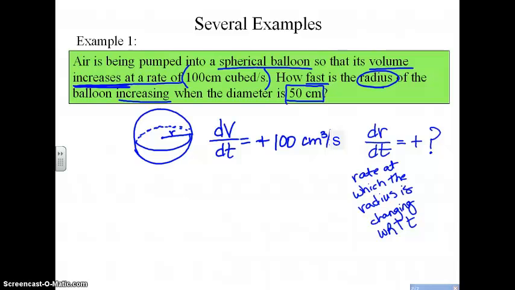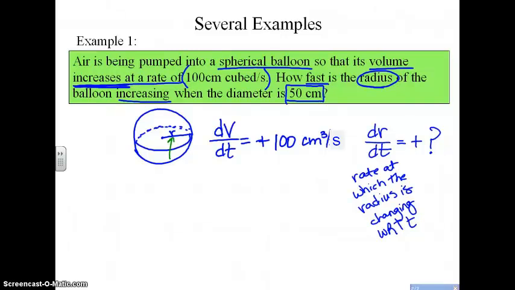Intuitively we know that over time, if we're pumping air into this spherical balloon, the balloon's getting bigger and bigger, which means the volume of the balloon is increasing, and we can tell from our picture here that the radius of the balloon is going to have to increase as well.